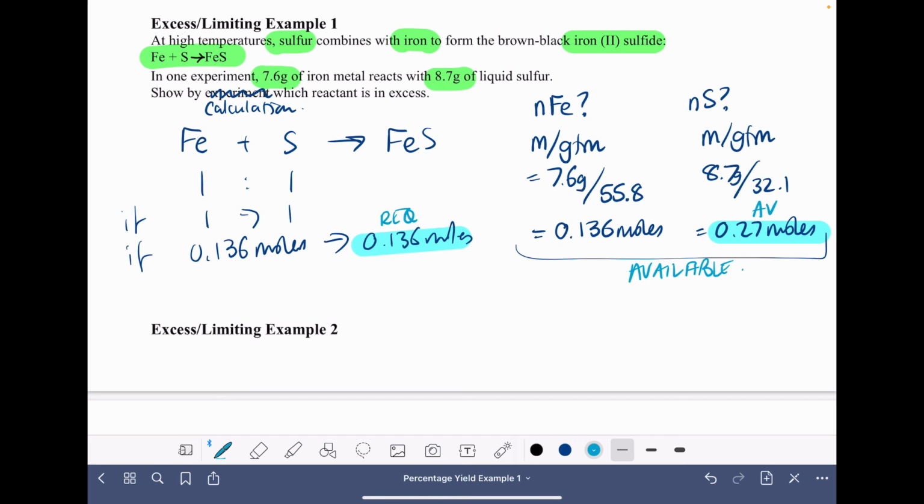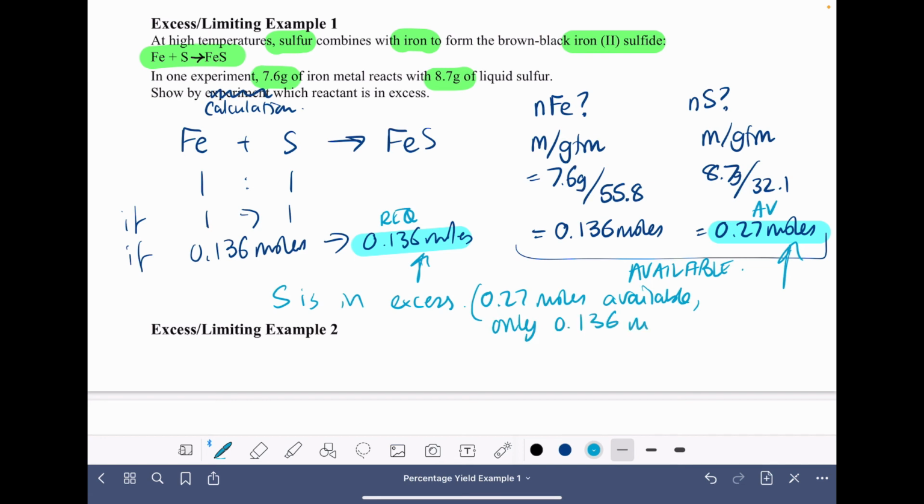The number of moles that we have available is greater than what's required. So that means sulfur is in excess, because 0.27 moles are available, but only 0.136 moles are required.